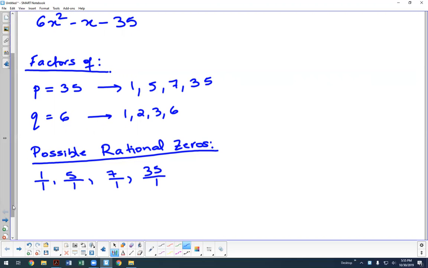So we have divided by each of these factors from Q. So that would mean we're now looking at 1 divided by 2, 5 divided by 2, 7 divided by 2, and 35 divided by 2, and we would keep continuing this process.